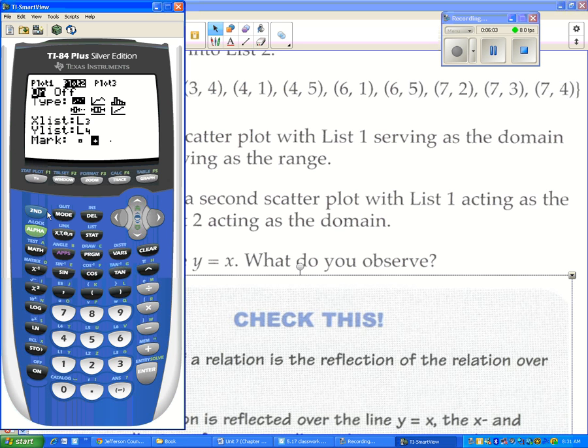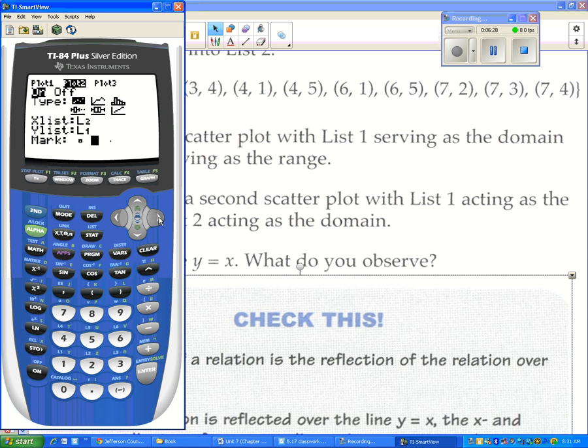So we're going to hit second 2 for X list to be L2. Arrow down, hit second 1 for Y list to be L1. Arrow down, make sure the mark is the little plus sign.